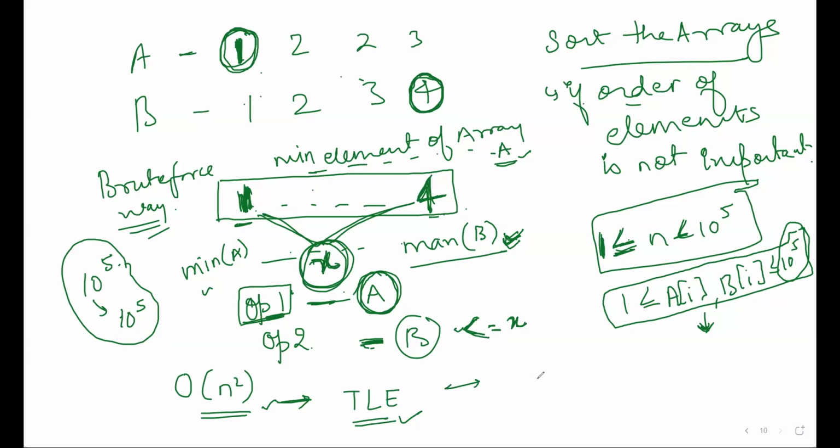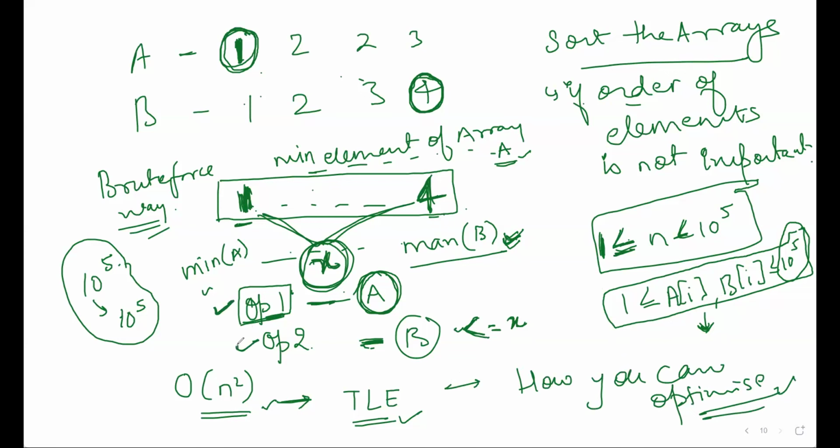So you have to think about how you can optimize. Is there a better way to find operation 1 and operation 2? Because you have to check for all these values. That is fixed, you cannot skip any value in between.